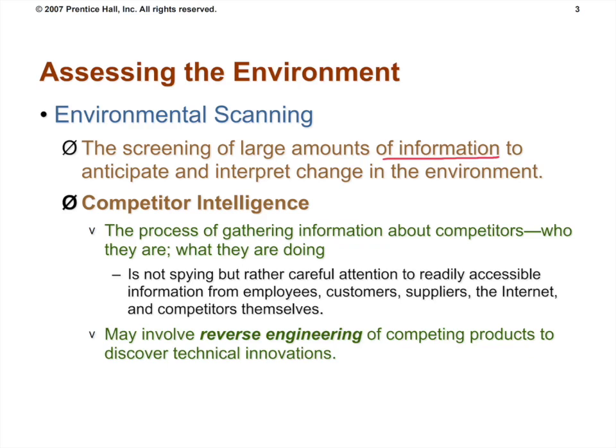In this chapter, we just talk about large amounts, not quality. And then we make a screening to get the accurate information.